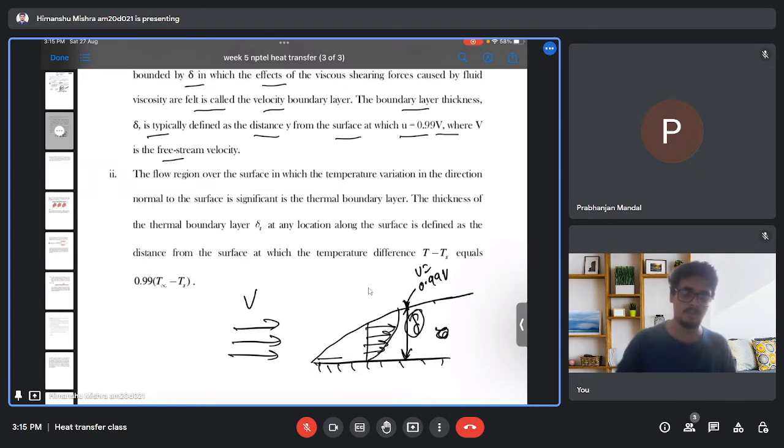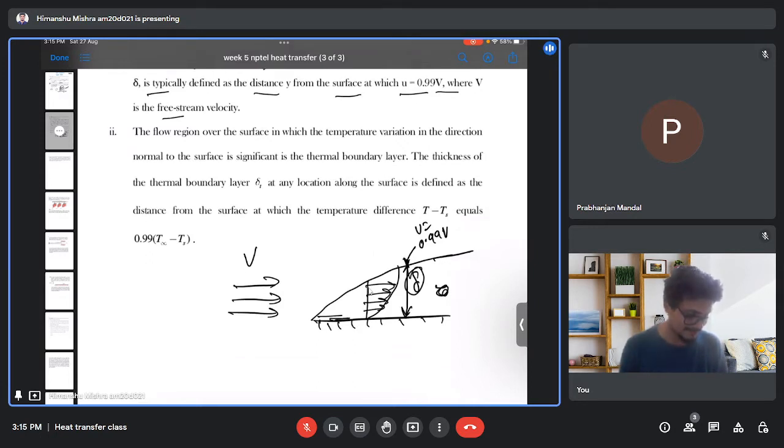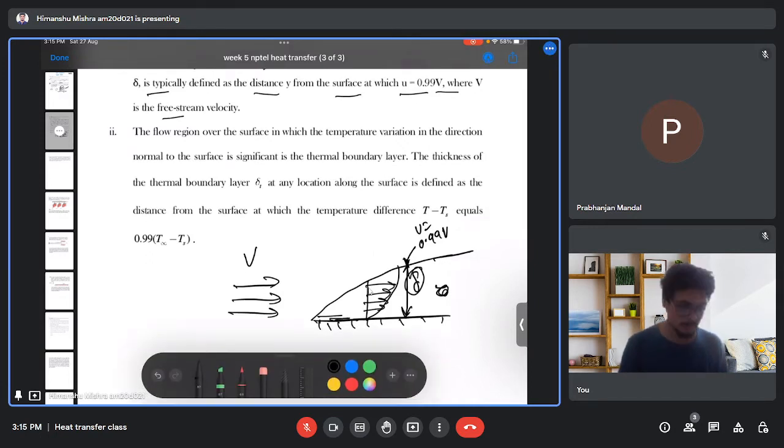When any flow passes the flat surface, it creates the boundary layer due to the shearing action that takes place at the wall of this flat plate. And due to the shearing action, there will be some shear stress, and therefore it creates a boundary layer at the top of the flat plate.